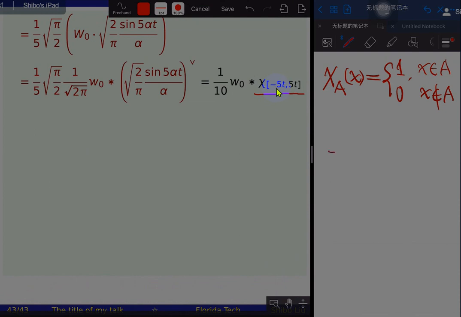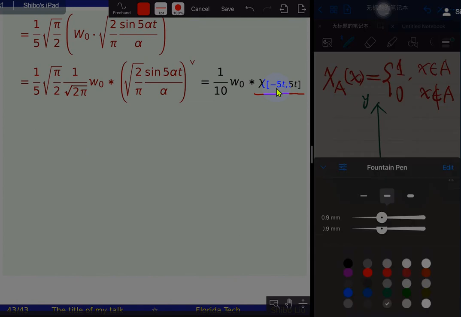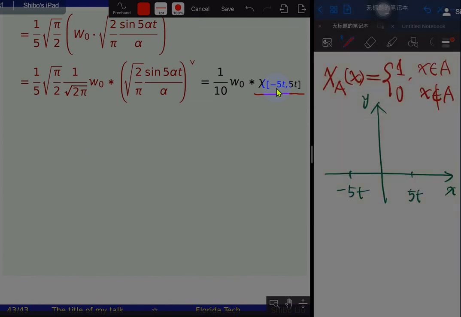That is the graph of this function. When x belongs to the interval from minus φt to φt, the value is 1. When x does not belong to the interval, the value is 0. Therefore, this is the function.